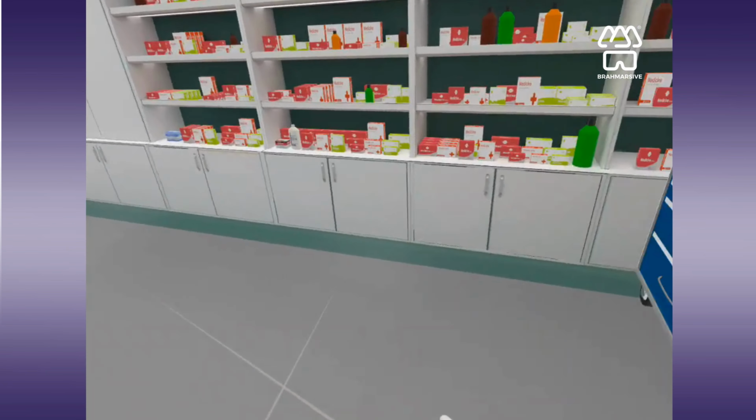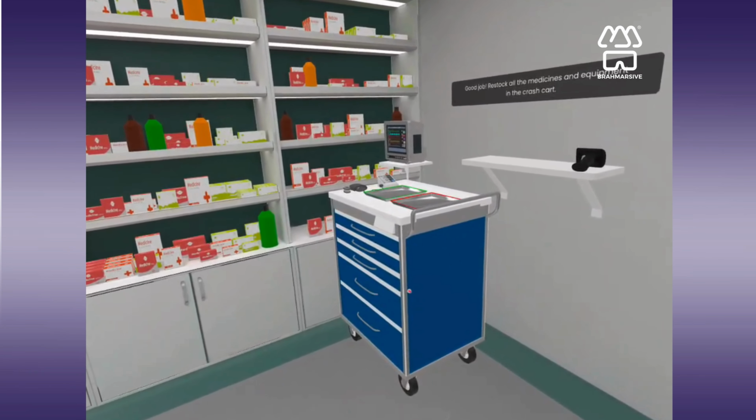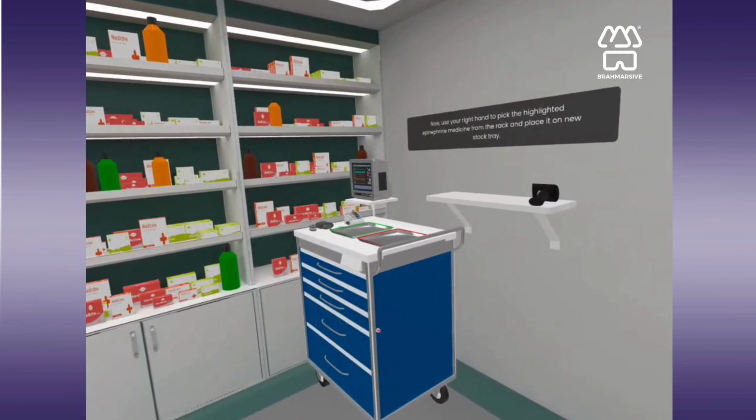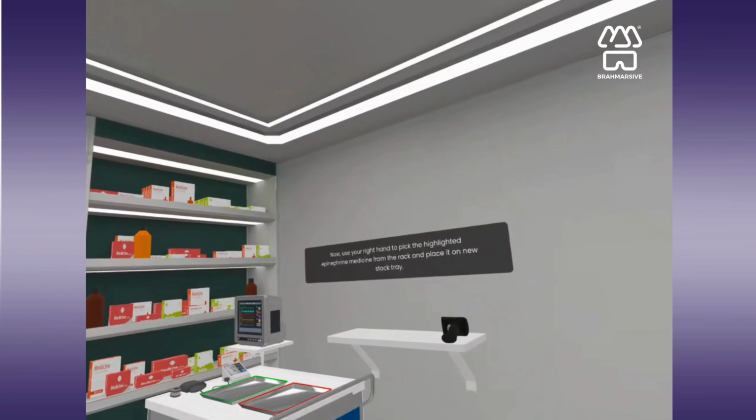Good job! Now, restock all the medicines and equipment in the crash cart. Now, use your right hand to pick the highlighted epinephrine medicine from the rack and place it on new stock tray.